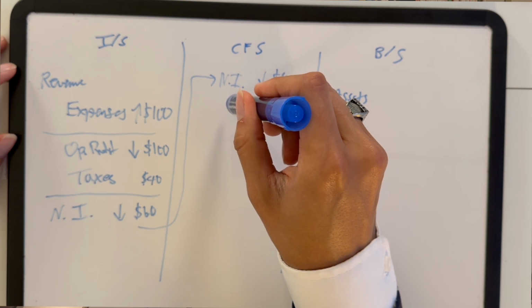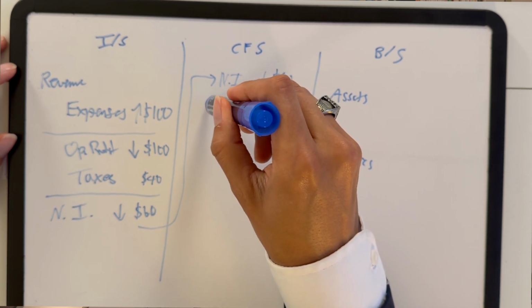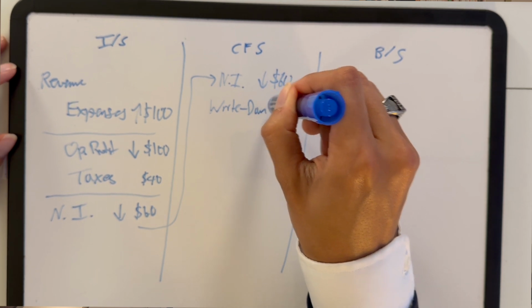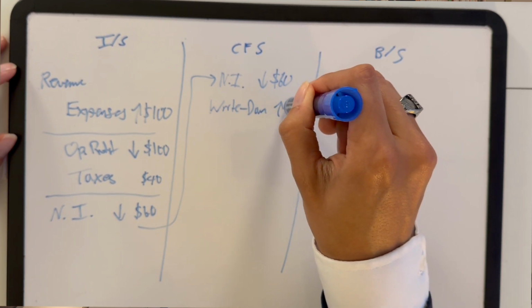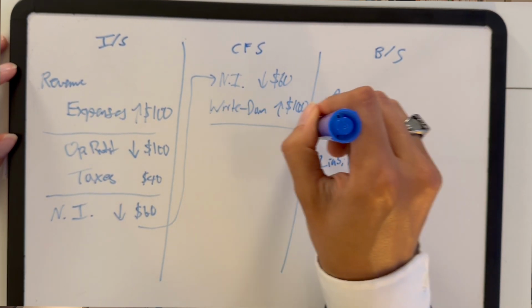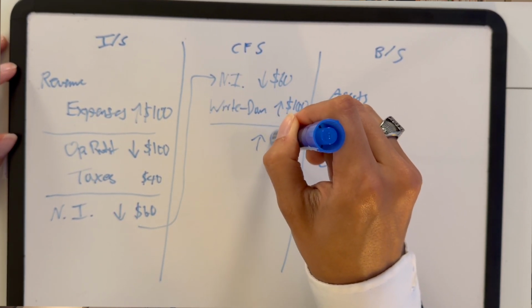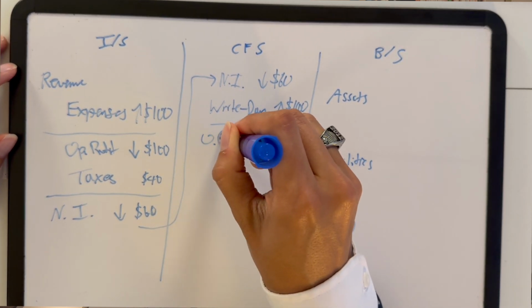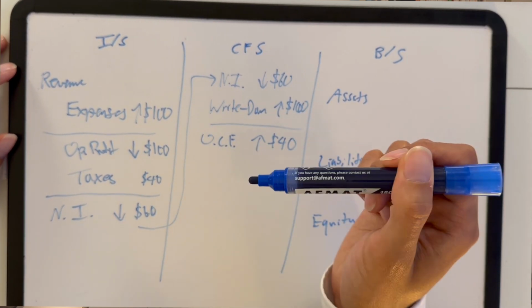So we're going to add in the write down, and this is going to be a plus $100 adjustment, which gives us an extra $40 in operating cash flow.